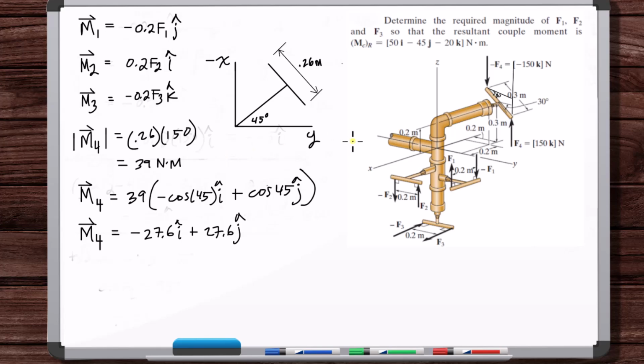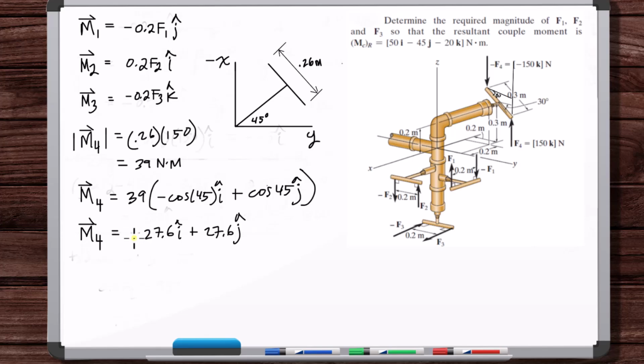We can't just say that. That's the unit vector in this direction, but we have to look at what direction the moment actually points. Put the curl of the fingers of the right hand in the direction of rotation that F4 is creating. It's pointing in this direction, so this is the opposite.